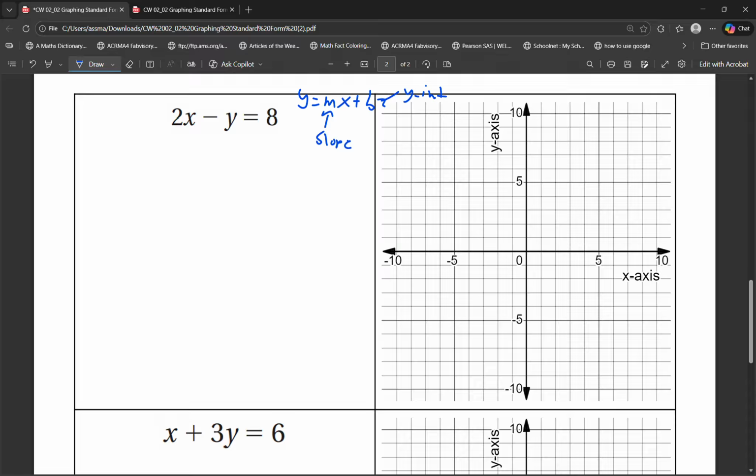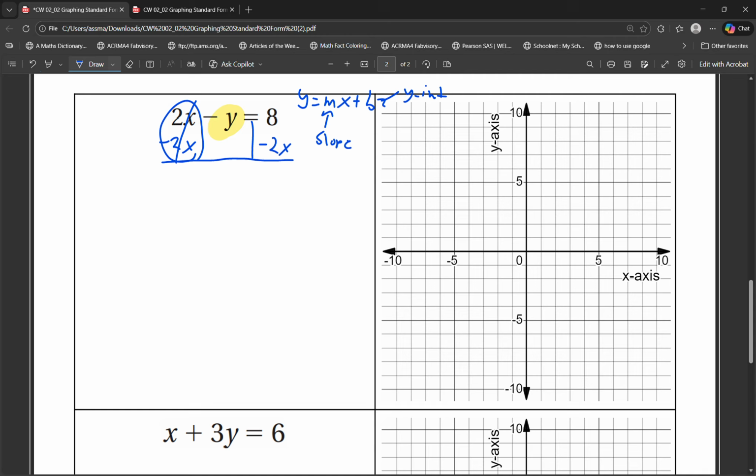Okay, so what we do is we want to leave the y section on its own. Notice the 2x is in our way, so since it's a positive 2, we're going to subtract 2x on both sides, just like that. Then here we get a 0.